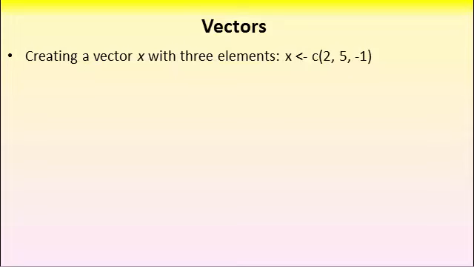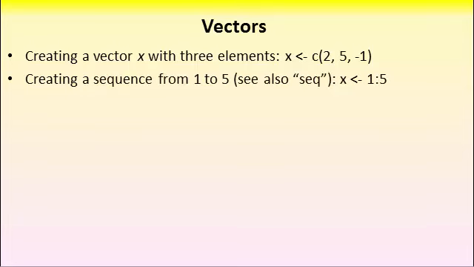A nice way to create longer vectors without actually typing all the numbers is to use the sequence operator. So if I write like this: x assigned 1:5, I will get a vector with the numbers 1 through 5.